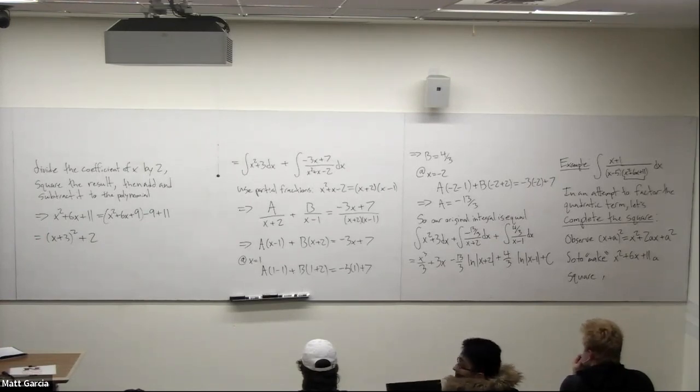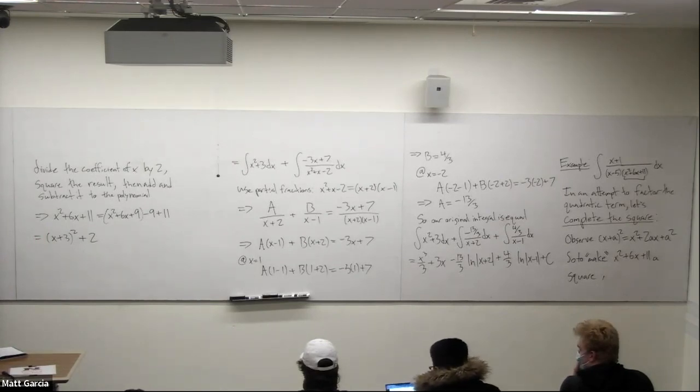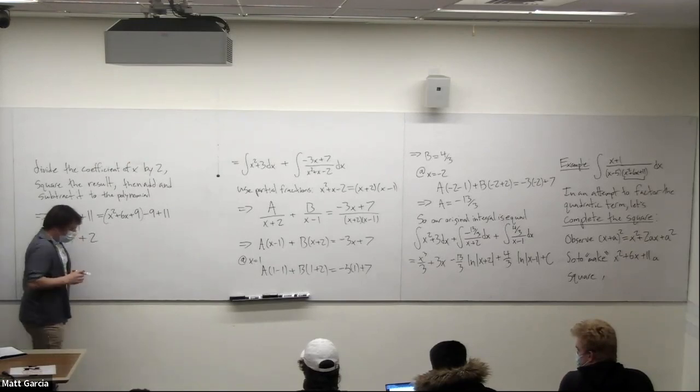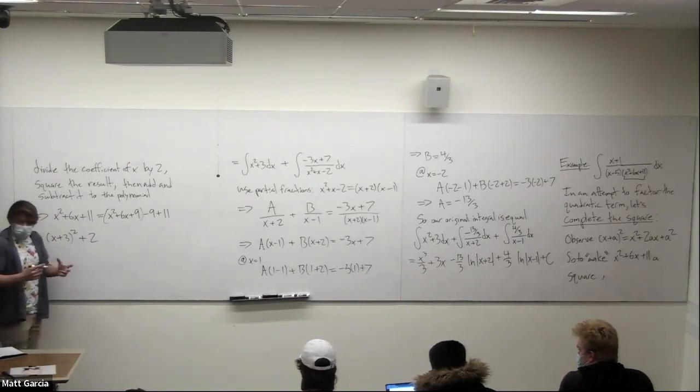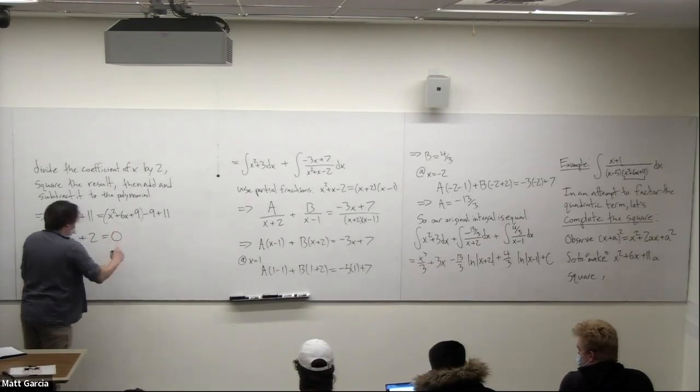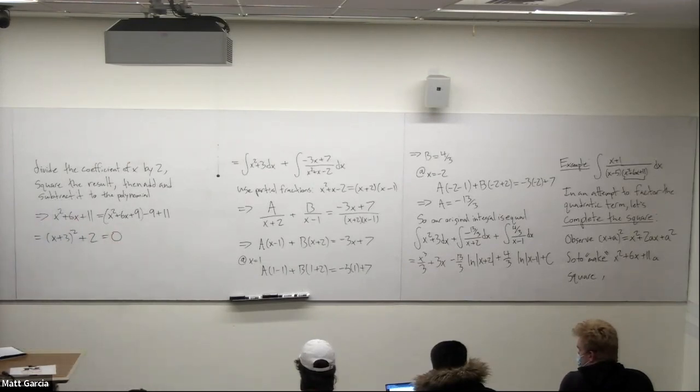Well, let me make a couple comments. When we factor a polynomial, the constant terms of the factors are the roots, right? So that is to say, if we were able to factor this polynomial, it'll have two real roots, right? So if we set this equal to 0 and try to solve, what happens? Yeah, you get the square root of -2.